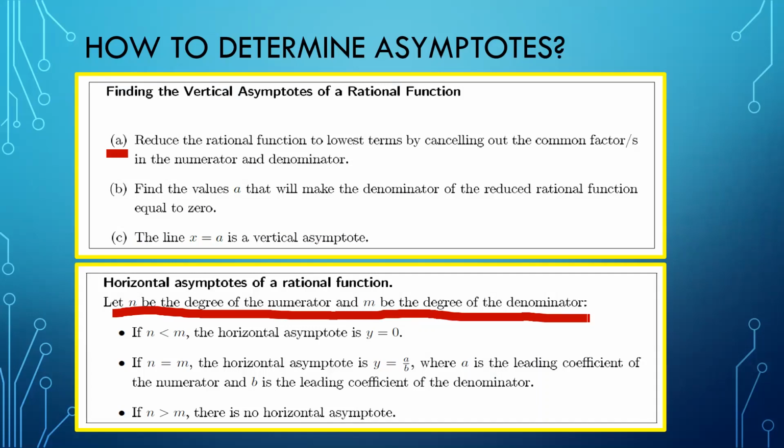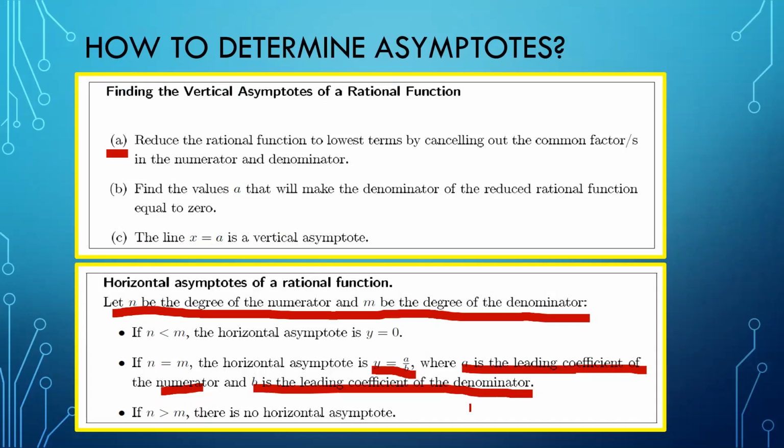If n equals m, the horizontal asymptote is y equals a over b, where a is the leading coefficient of the numerator and b is the leading coefficient of the denominator. The last condition is if n is greater than m, there is no horizontal asymptote.